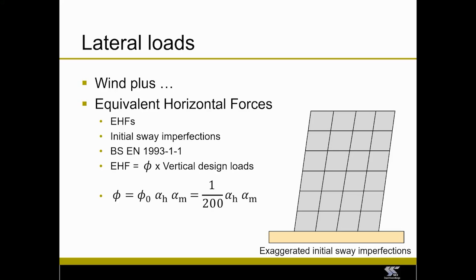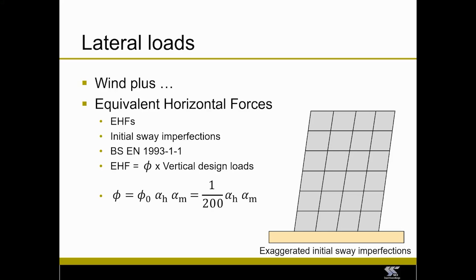Light steel framing and cold form sections would be designed to Eurocode 3 part 1.3, but anything relevant from Eurocode 3 part 1.1 must also be taken into account for the design of cold form structures as well. So certainly equivalent horizontal forces are applicable to light steel frame buildings.